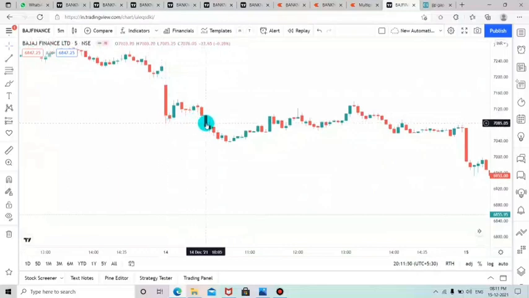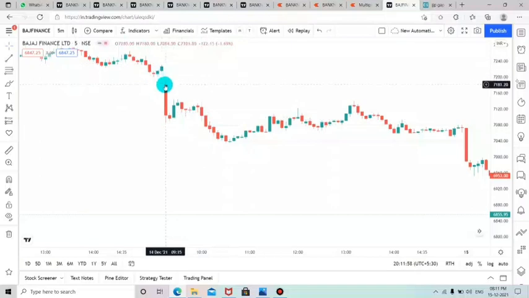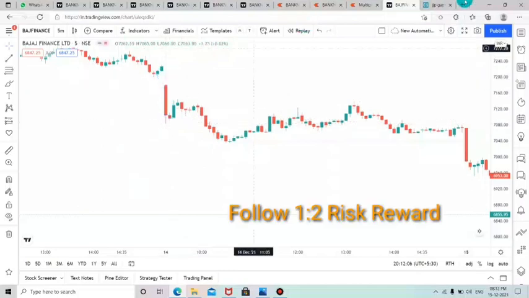So we are going to punch the order here only. Here the condition has been satisfied perfectly. This is our entry, and our stop loss should be the high of the first candle. First candle low is our entry, and the high of the first candle is our stop loss.